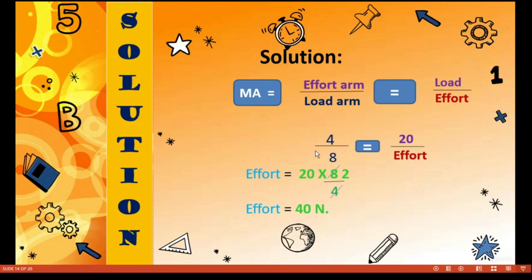Here you should not substitute the units, only numerals, values alone, you have to substitute in the formula. The equal symbol is present at the center, and load is given as 20 Newton, and we are supposed to calculate the effort. So you take the effort term to the left hand side.